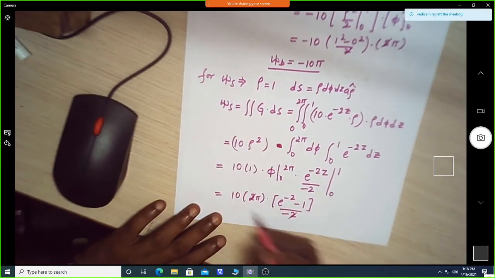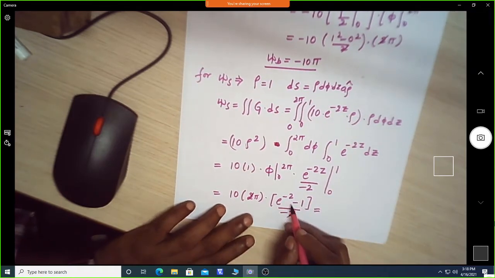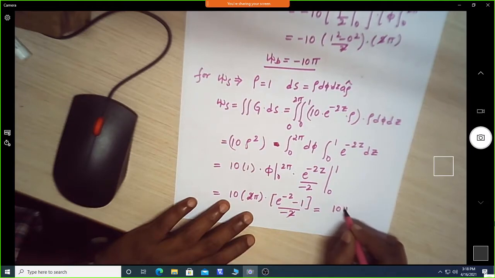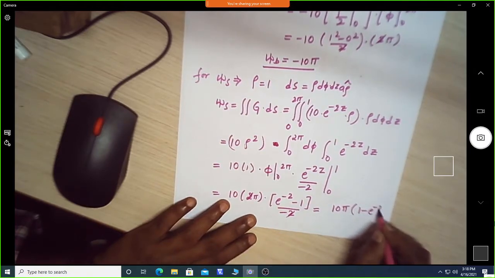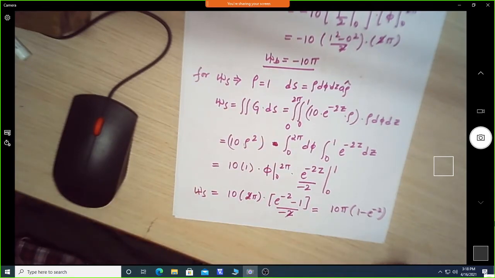These two will cancel each other. If I multiply this minus inside, you will get 10 pi into (1 minus e power minus 2). This is the flux through the curved surface.